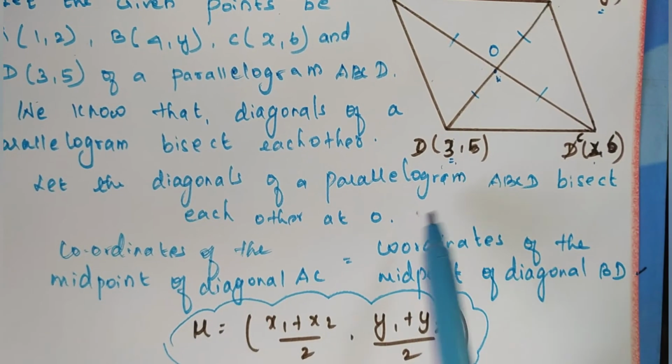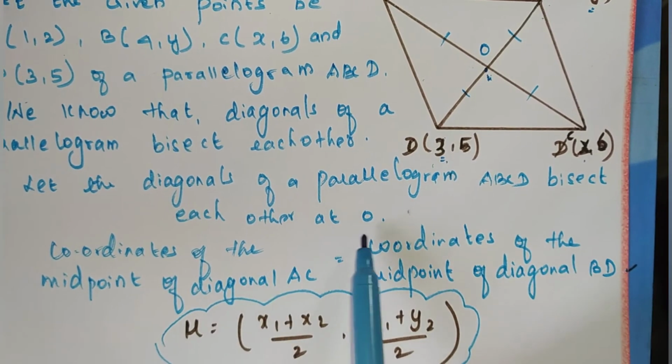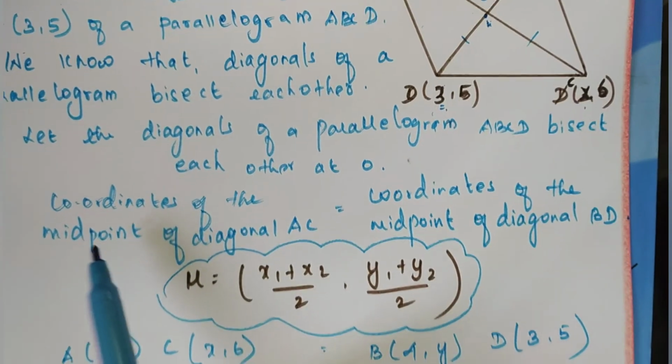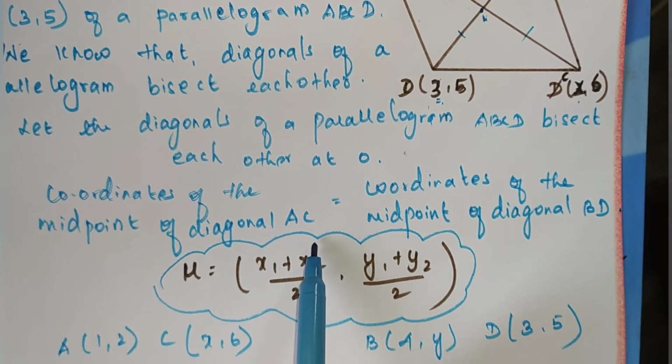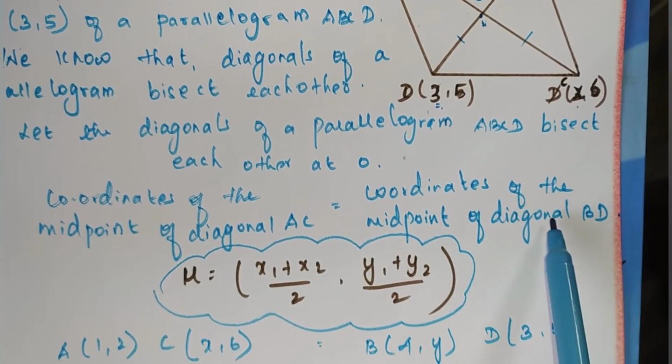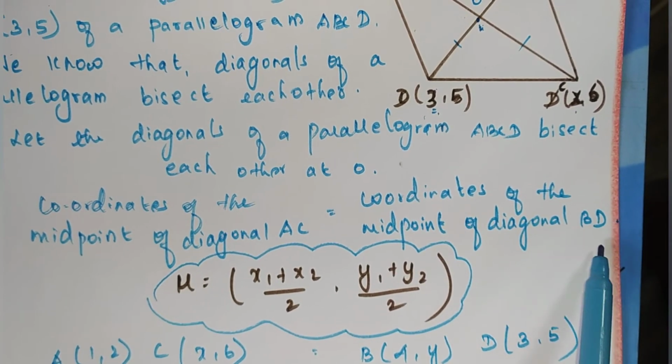Let the diagonals of parallelogram ABCD bisect each other at O. So the coordinates of the midpoint of diagonal AC are equal to the coordinates of the midpoint of diagonal BD.